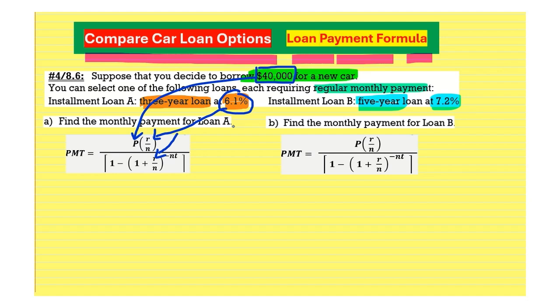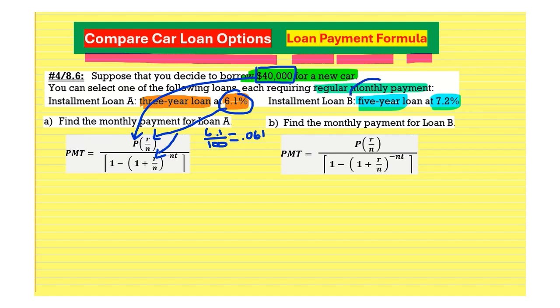We do not use 6.1%. We use 6.1 divided by 100. So 6.1 divided by 100 lets us remove the percent sign so that our decimal version can be used in the actual calculation. So 0.061. That will go into the R position.